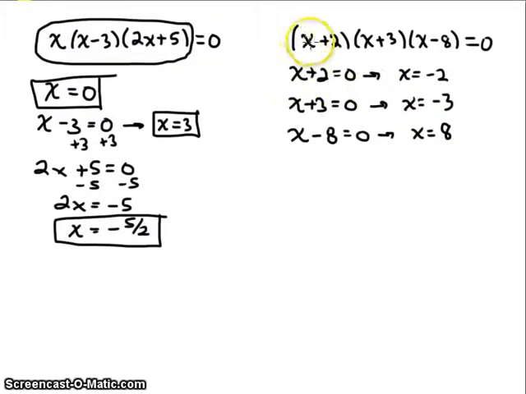When you have just x by itself without a number in front of it, you can just take the opposite sign of the number here and get your result. So x plus 2 leads to x equals negative 2. This factor x plus 3 leads to x equals negative 3. X minus 8 leads to x equals positive 8.